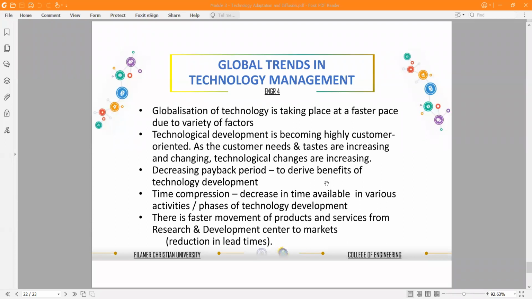So, to derive benefits of technology development, then we have the time comparison. There is a decrease in time available in various activities or phases of technology development, and a faster movement of products and services from the Research and Development Center to markets.